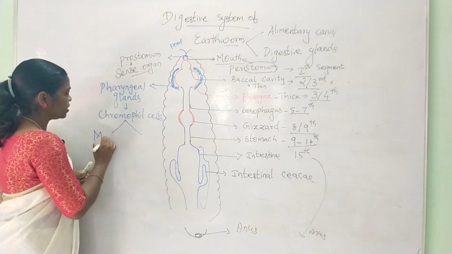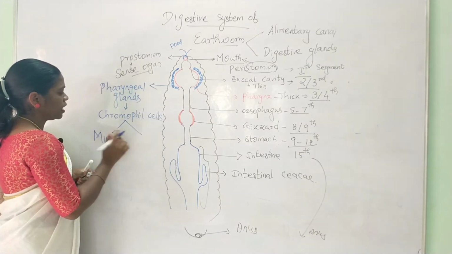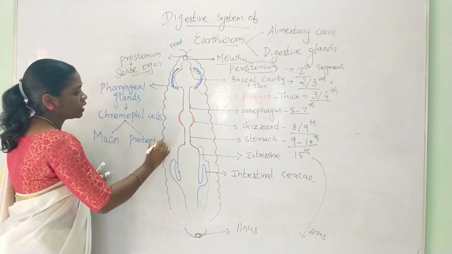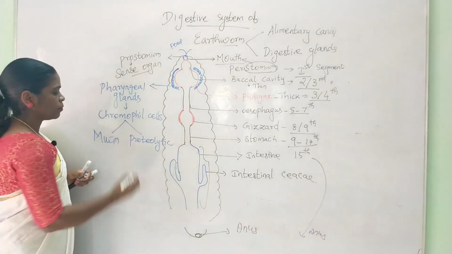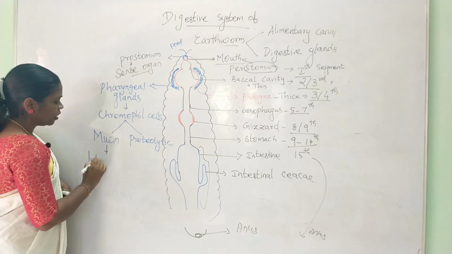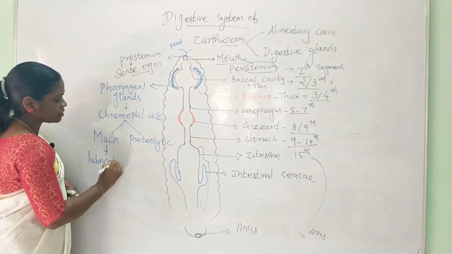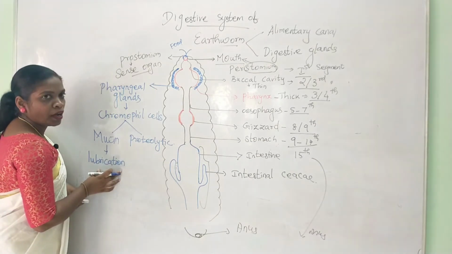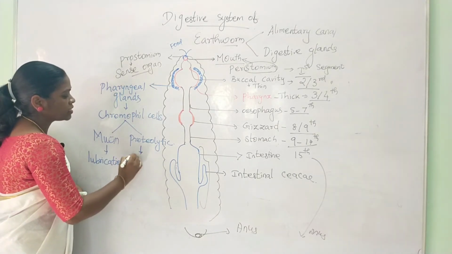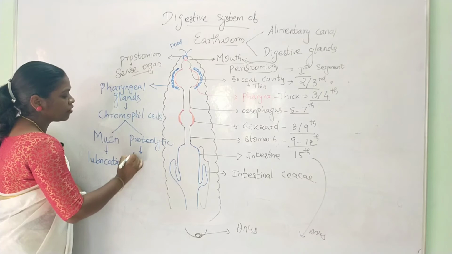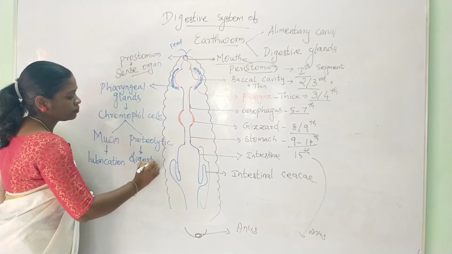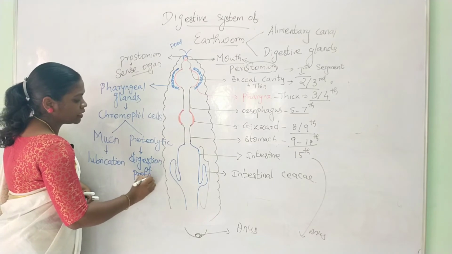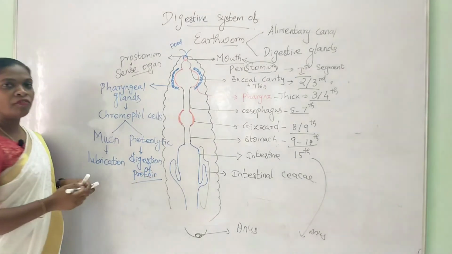One is mucin, and the other one is proteolytic enzyme. Mucin is involved in lubrication of food substances. Proteolytic enzyme is involved in digestion of proteins.